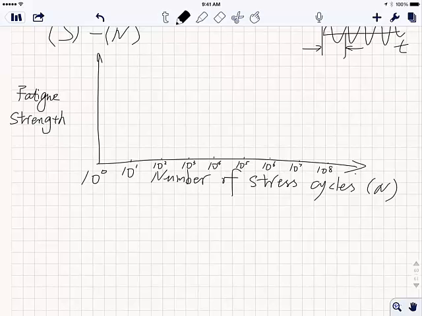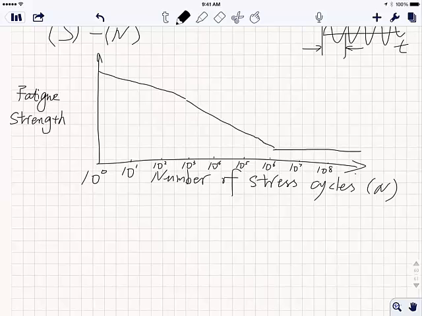So it goes like this, into 10 to the 3 and significantly drops, then becomes flat. There are 3 stages over here. The first one is roughly 10 to the 3. The second one is roughly 10 to the 6, and beyond.